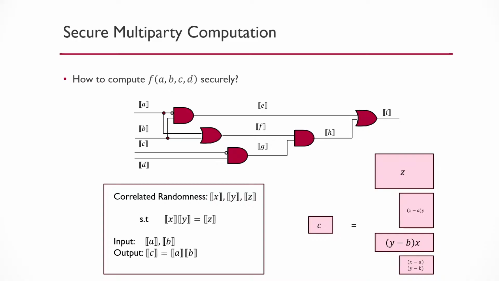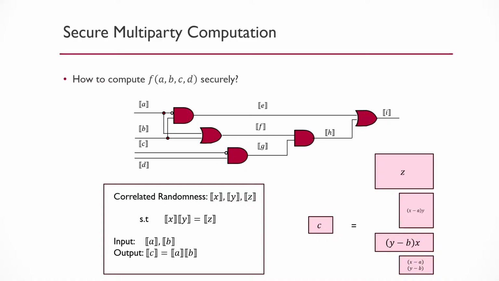MPC. So I'll be mostly focusing on the gate-by-gate model, where you have some function, and you want to evaluate it gate by gate. So in the first half of the talk, I'll be talking about binary circuits mostly, and there you want these binary triples essentially.